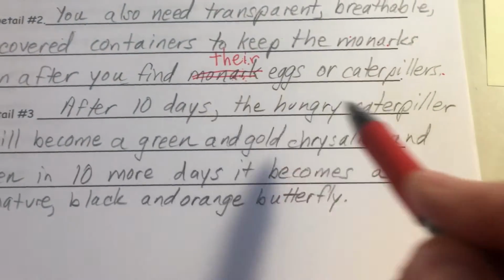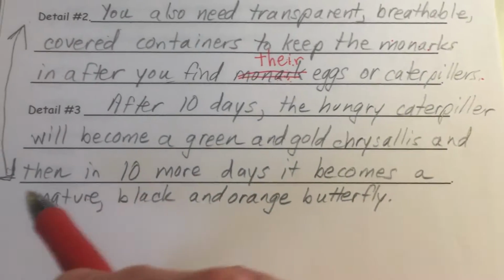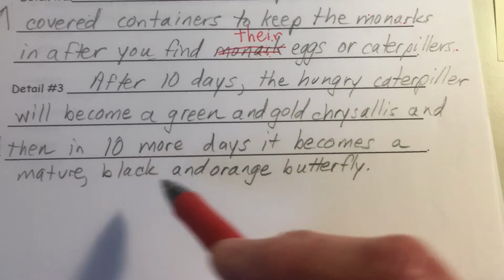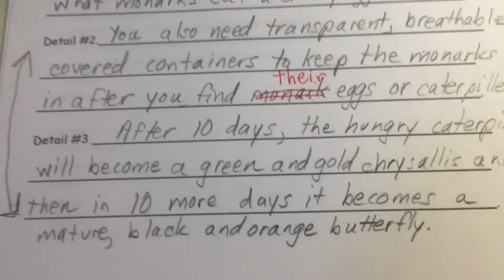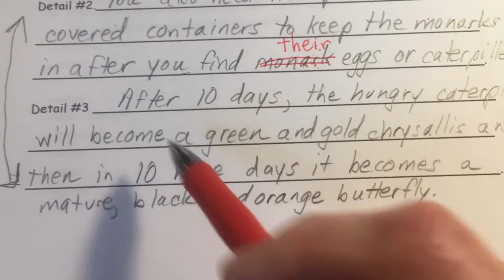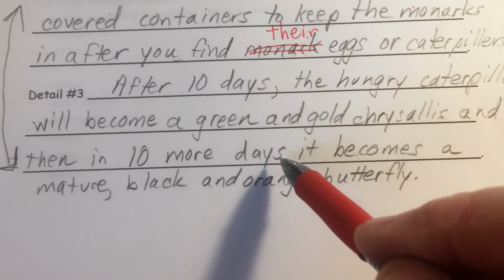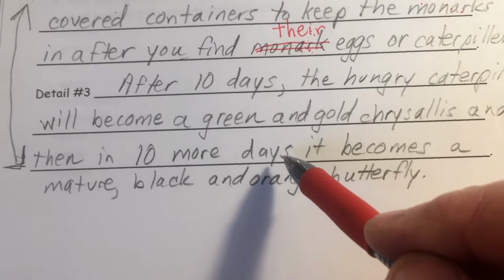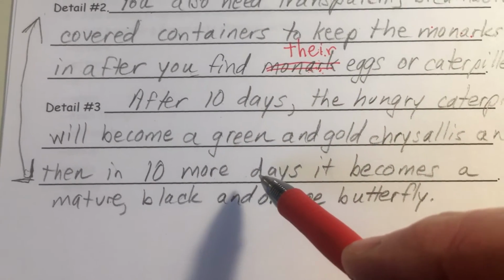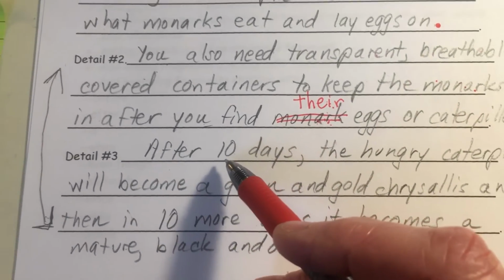After 10 days, the hungry caterpillar will become a green and gold chrysalis, and then in 10 more days, it becomes a mature black and orange butterfly. Well, I've repeated 10 and days. I've used those words 2 times. That's kind of repetitive. I might need to reword this.